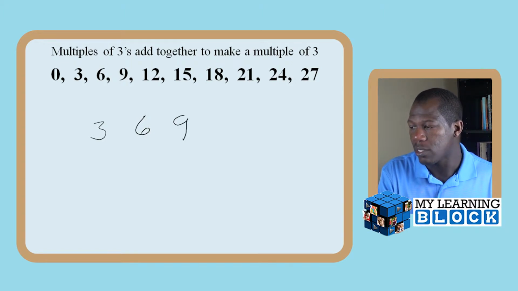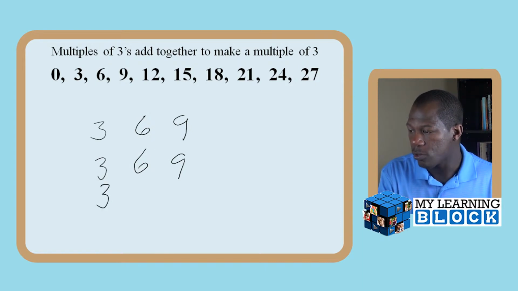Good. 9 is a multiple of 3. Good. 1 plus 2 equals 3. Good. 1 plus 5 equals 6. 1 plus 8 equals 9. 2 plus 1 equals 3. 2 plus 4 equals 6. 2 plus 7 equals 9.